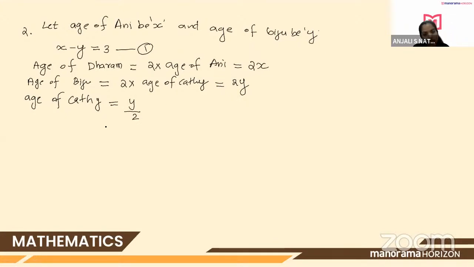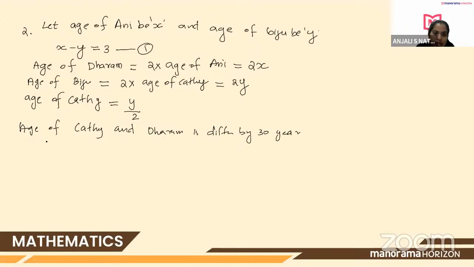Okay, the next condition is the age of Kathy and Dharam differ by 30 years. So the age of Dharam is 2x minus the age of Kathy, y by 2, is equal to 30.